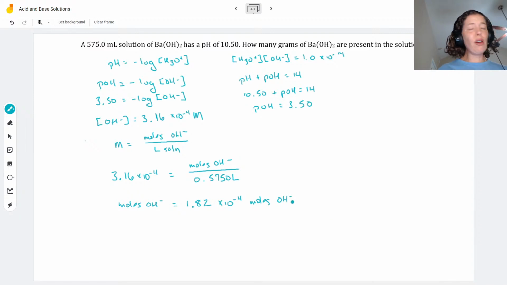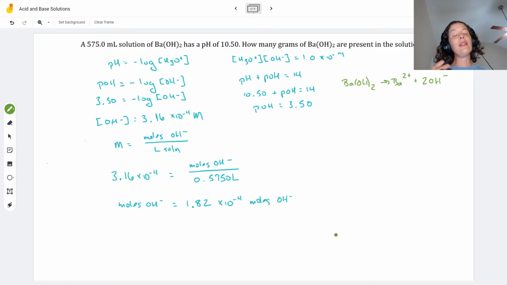Okay, so now that I know moles of hydroxide, I'm starting to work back to my grams of barium hydroxide. But in this case, I need to be careful about the identity of my base. Remember, barium hydroxide is a strong base. It is soluble in aqueous solution, and is going to give barium cations and 2 hydroxide anions.